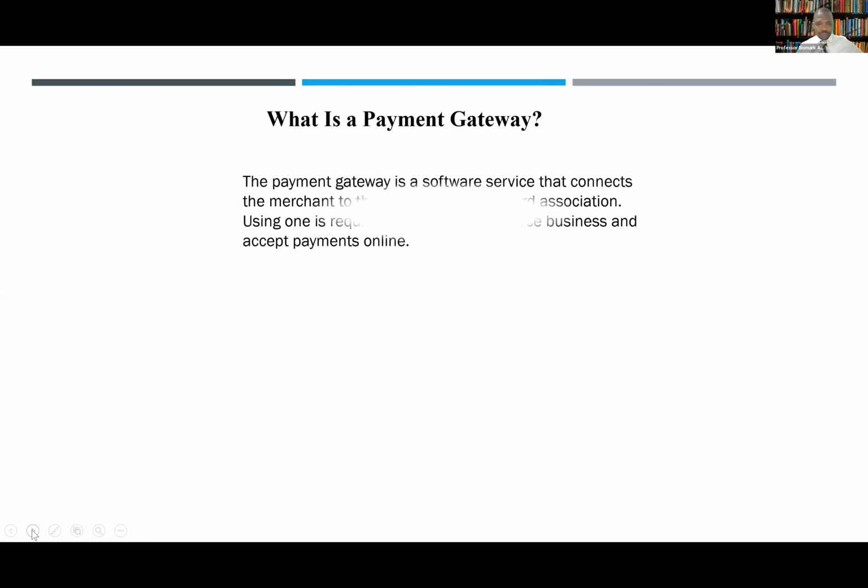So let us get into further detailing of payment gateway. I said in my introduction that today we want to really analyze the good, the bad, the in-between of payment gateway.